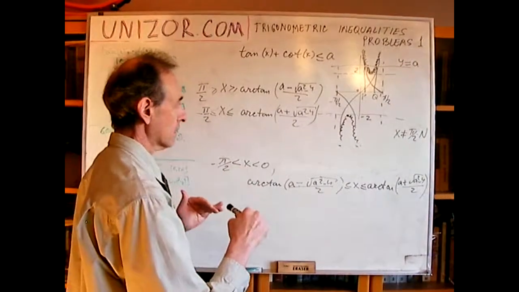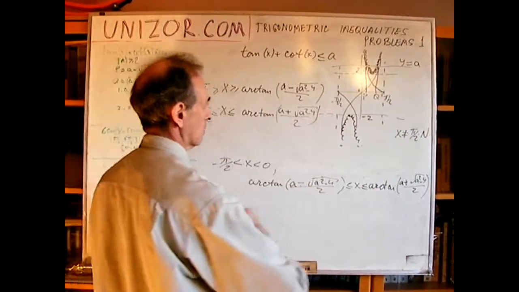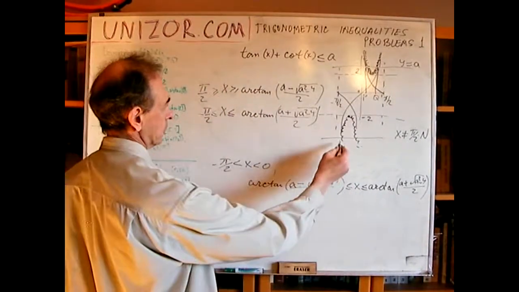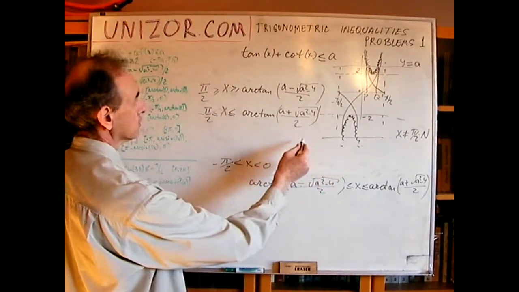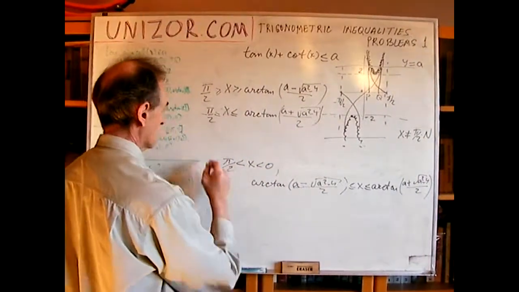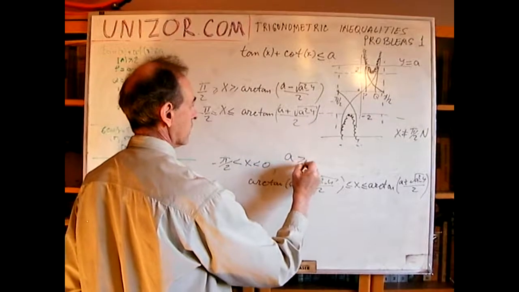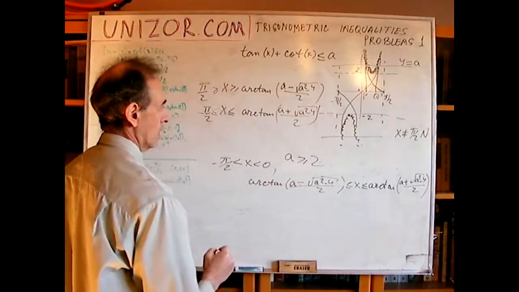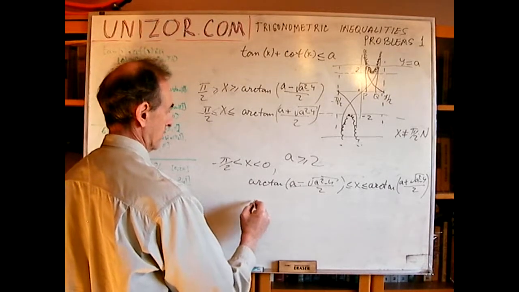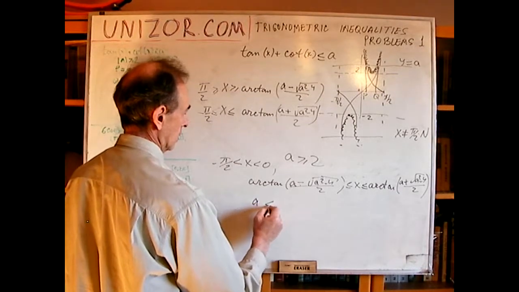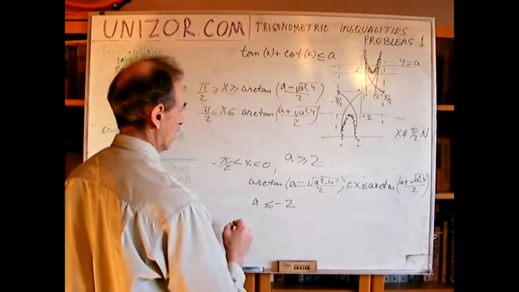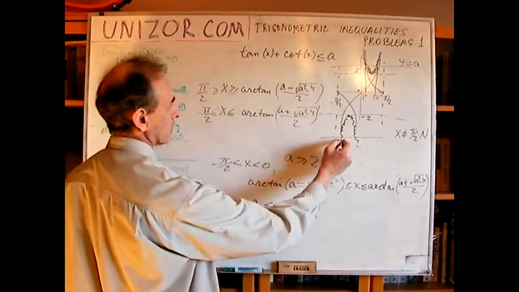Now, if it's less than minus 2, I will have correspondingly from minus pi over 2. So this is for a is greater than or equal to 2. Now, if I have a less than or equal to minus 2, I will have two pieces.